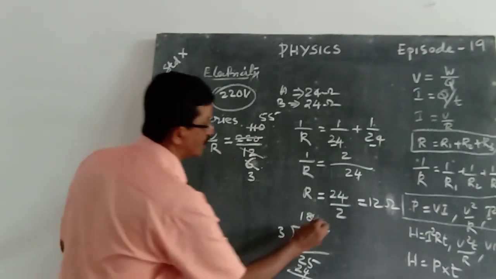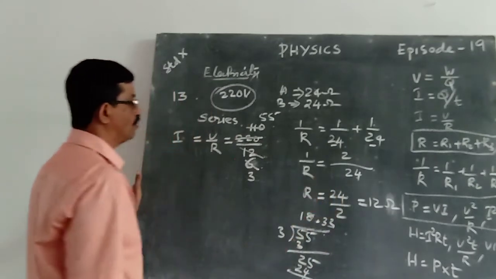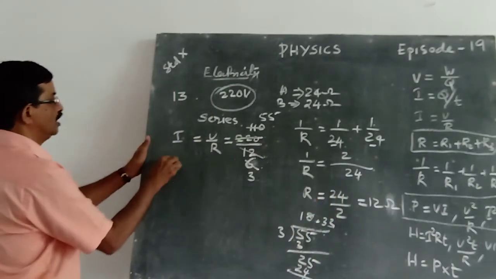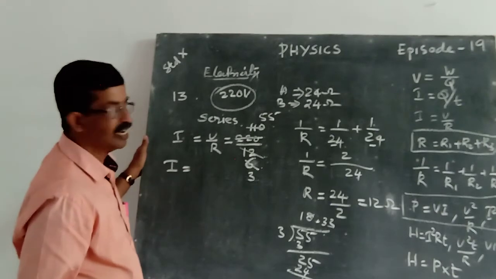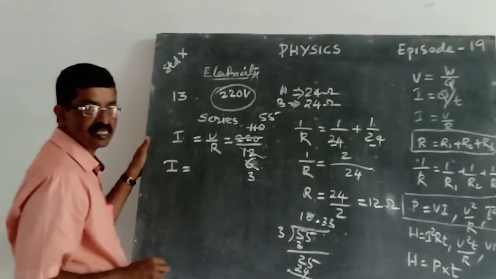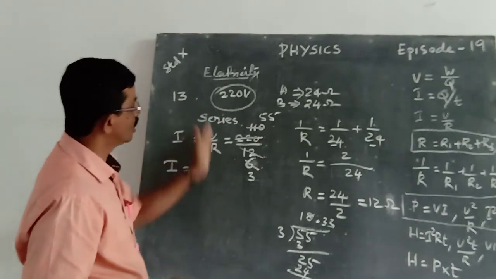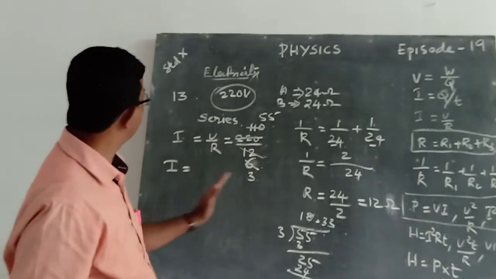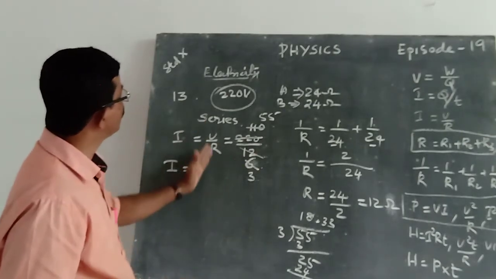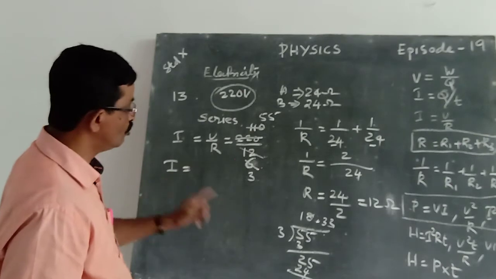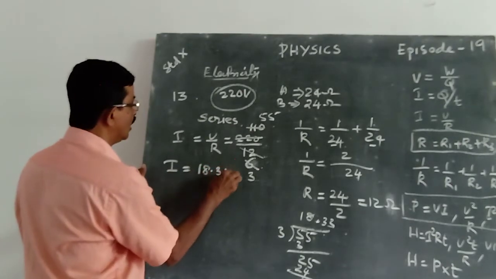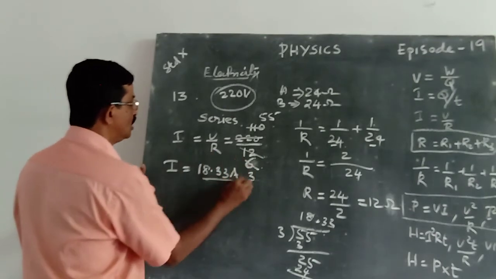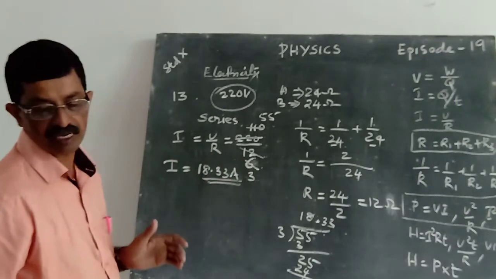Then how many times? 3, that will repeat. So total current when they are connected in parallel, I is equal to V by R, that is equal to how much? 18.33 ampere. This is the total current.